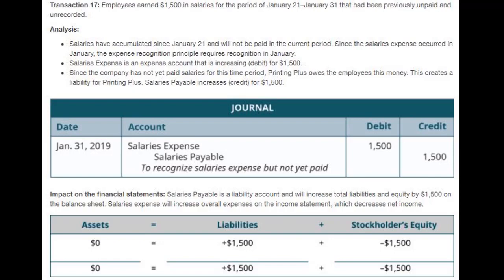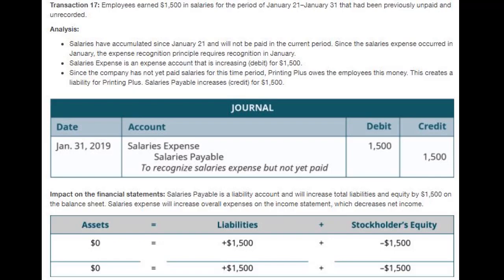And so at the moment when this transaction is recorded, it seems that the company owes its employees $1,500, but the amount is growing on a continuing basis. With every passing minute that the employees are working, more money is owed to the employees for salaries and wages. At that moment, one would say, okay, I owe them $1,500.